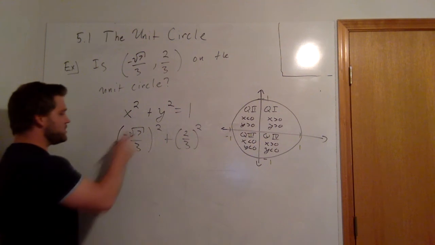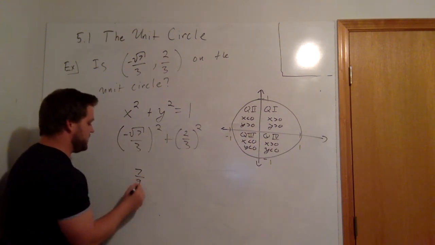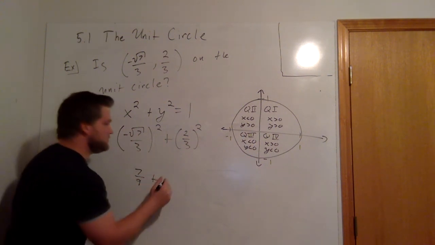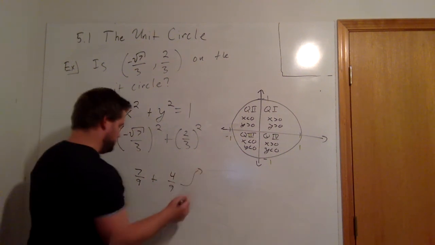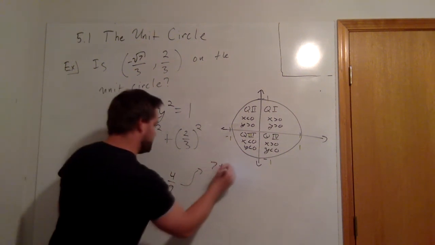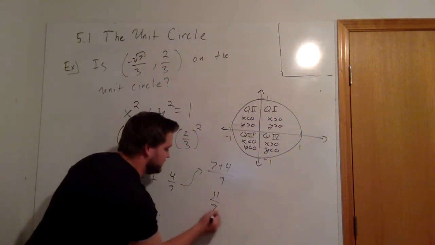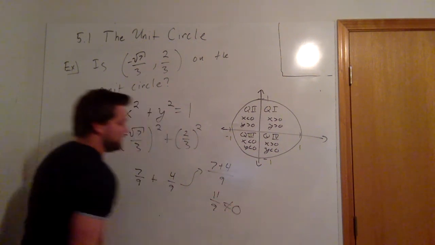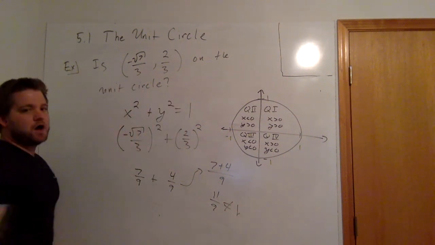If I square -√7/3, I get a positive 7/9. If I square 2/3, I get 4/9. So we get 7 plus 4 over 9, or 11/9, which is not equal to 1. So this point is not on the unit circle.